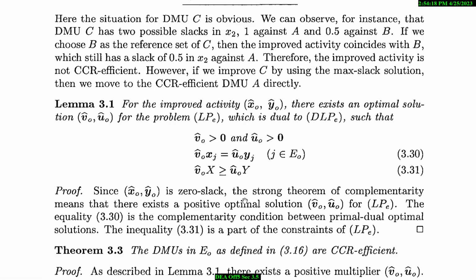Now using the optimal solution, theta equal to 1, slacks 0, and lambda equal to lambda star, we can use the strong complementary slackness to show there exists a positive weight with these relations.